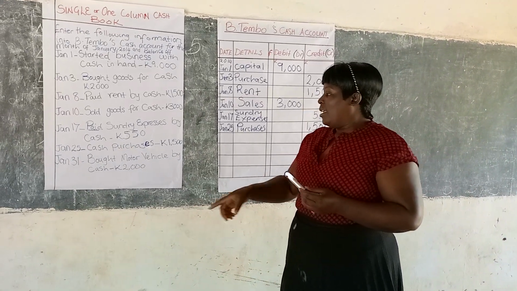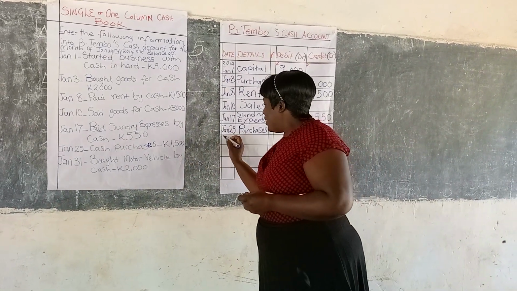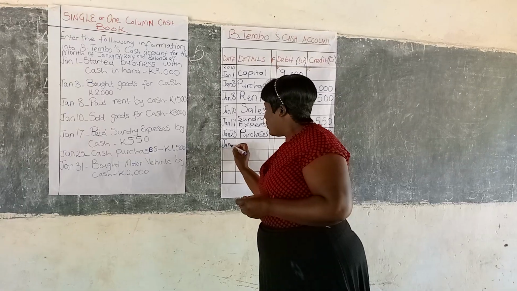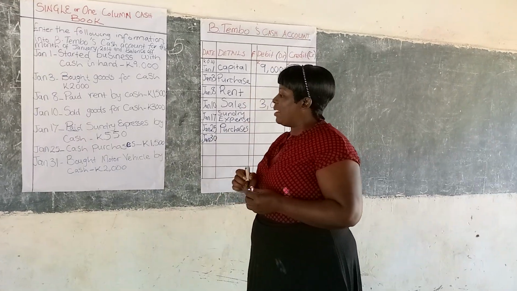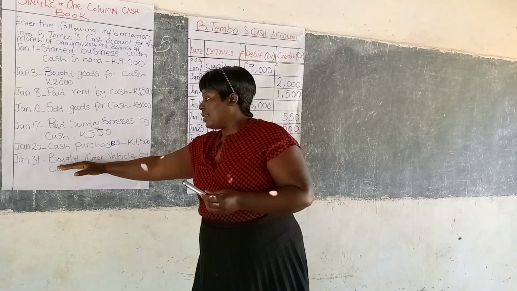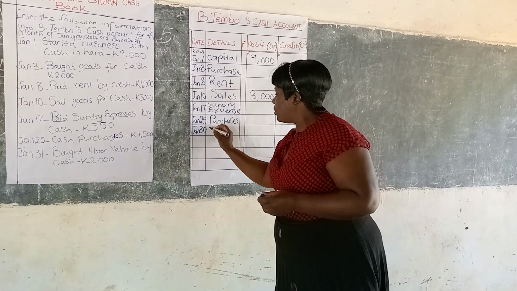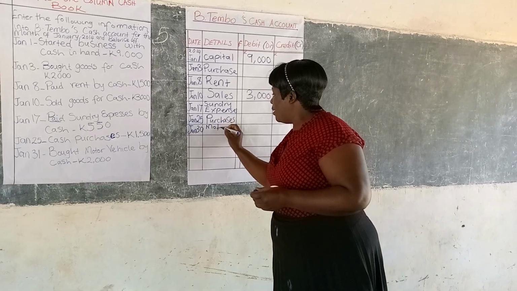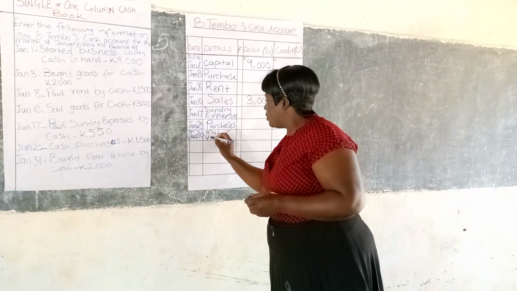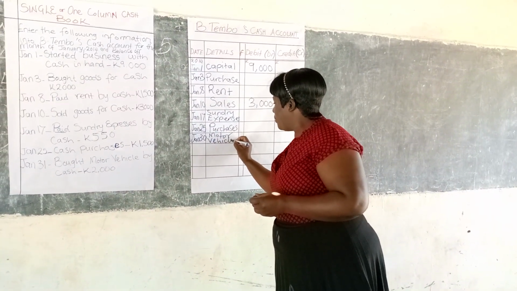Then you come to the last date of the month. You get that figure. You read the transaction. Bought motor vehicle by cash. So you write motor vehicle in the details column.